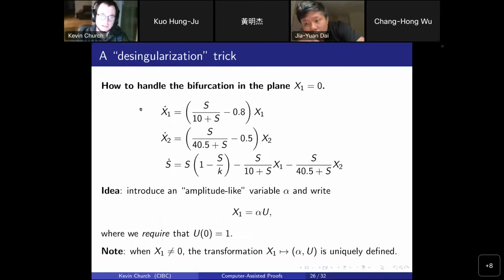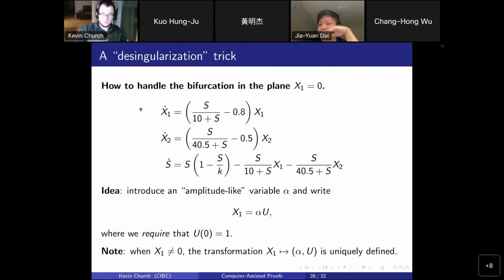The idea is that we introduce another variable that will allow periodic orbits in the boundary to be separated from periodic orbits that limit into the boundary. It's not going to be intuitive as to why this works, but I'll try to explain it in a moment.